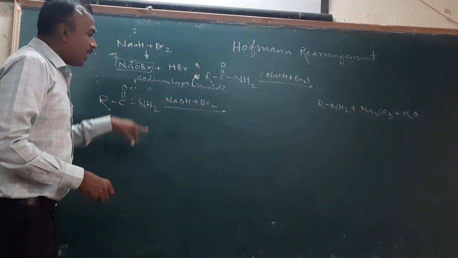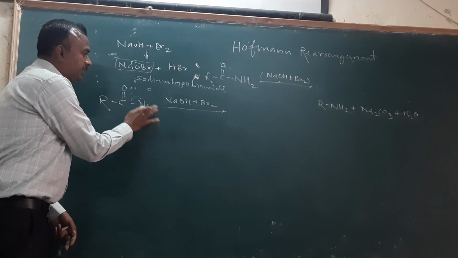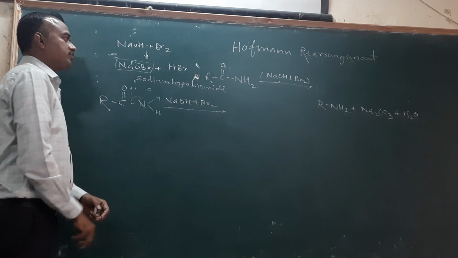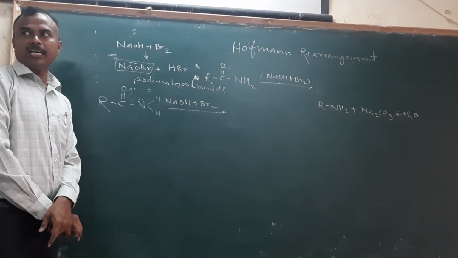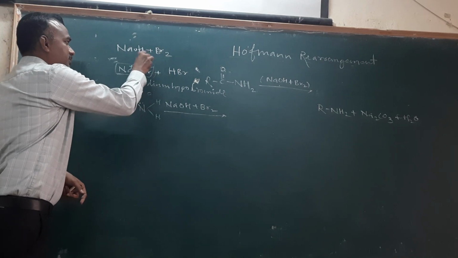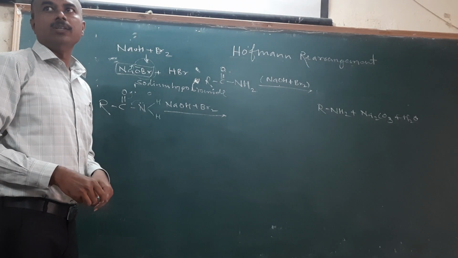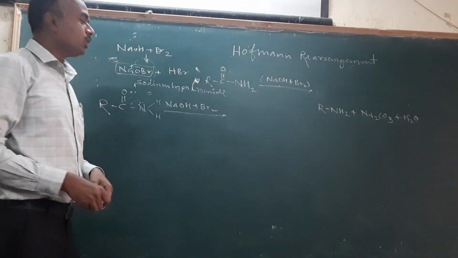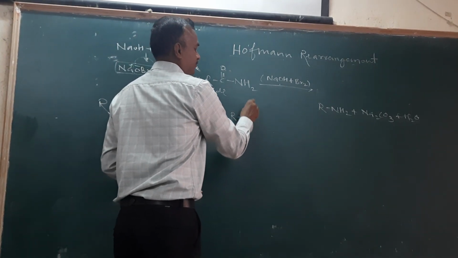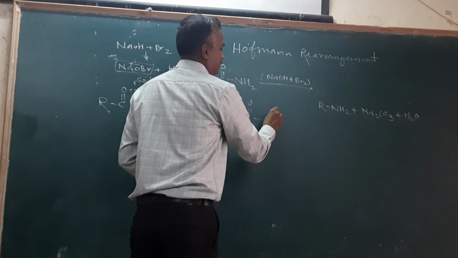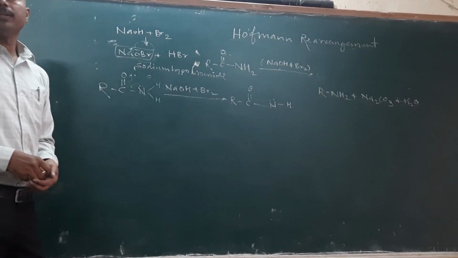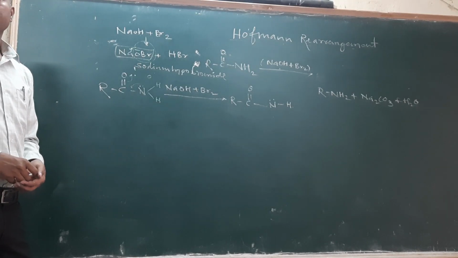Now, what will happen? There are 2 H's there. So 1 H was taken by the OBr. So it becomes N H with 2 lone pairs.